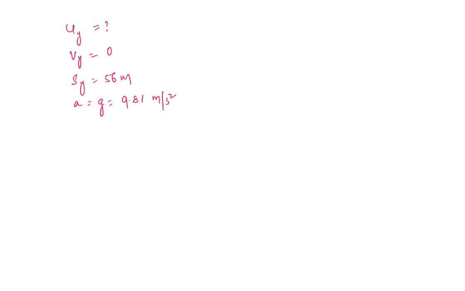We apply the formula v squared minus u squared is 2gs. And then what do we do? The final velocity is 0 minus uy squared, of course these are all y, is equal to 2 times negative 9.81 times 56 meters.